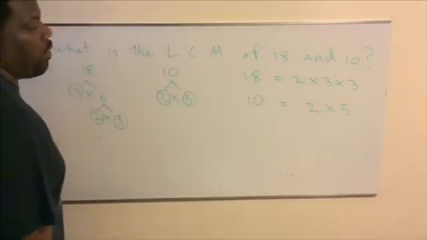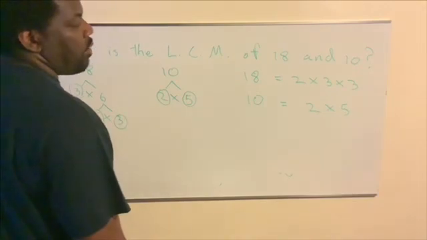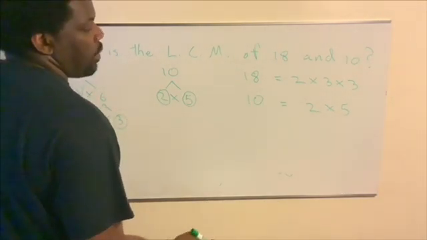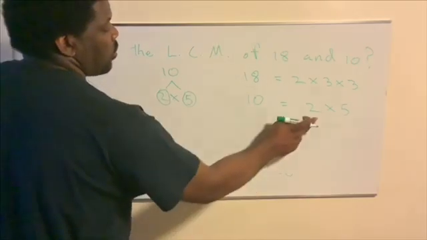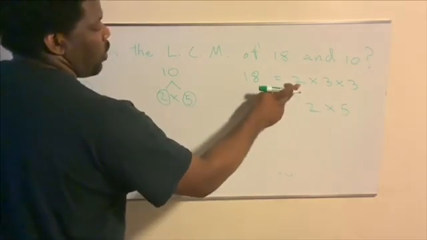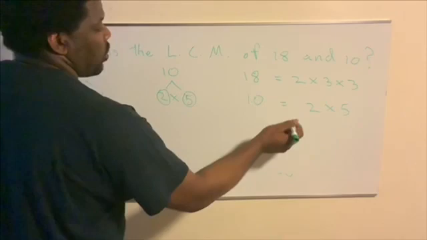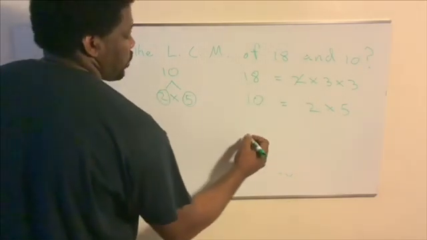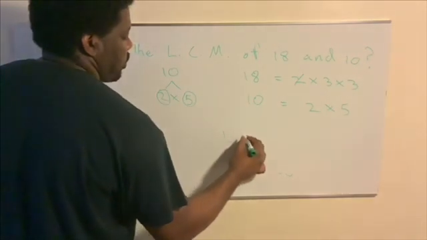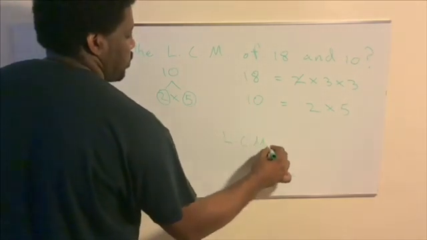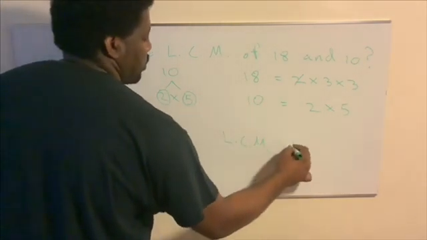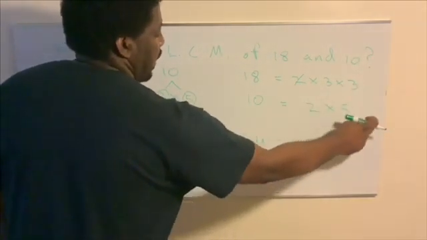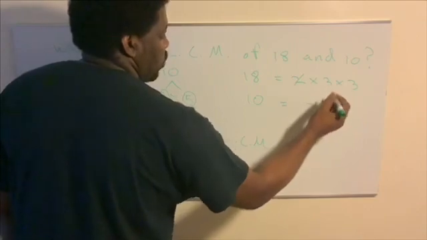Again, I have to use every single type of prime factor I have, but the greatest number of times it occurs in either one of the numbers. So I have one 2 here, and I have one 2 here as well, so I can only use one 2. I have 3's here and I don't have any here, so I'm going to go with two 3's.